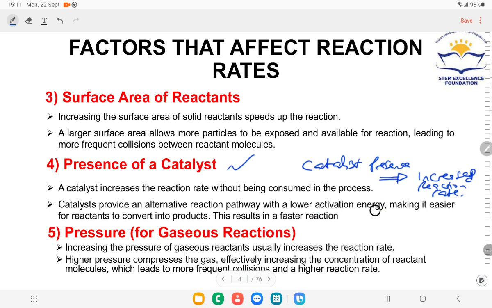You can use another way which has a much lower resistance or a much lower activation energy. So if someone says, what are catalysts? You say, catalysts are substances that increase the rates of chemical reactions without themselves being consumed in the process. Perfect. But then how do they affect the rate of a chemical reaction? They provide an alternative reaction pathway with least resistance or with lower activation energy. This means that most reactants can be able to participate.